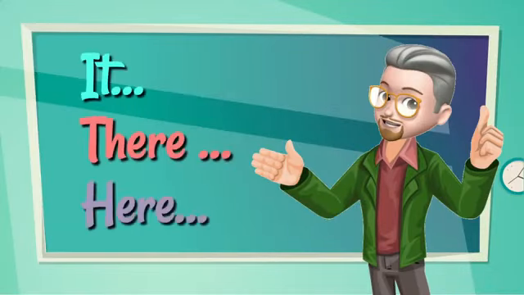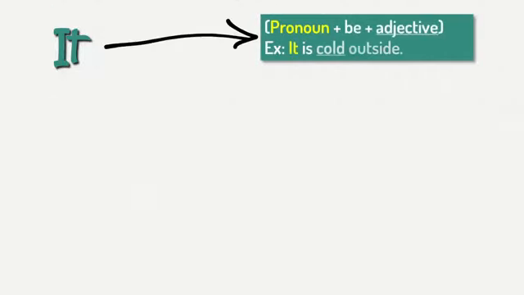So let's look at it, there, and here then. Let's start with it. It is a pronoun and is followed by the verb to be and an adjective, like in this example. It is cold outside. Cold is the adjective.